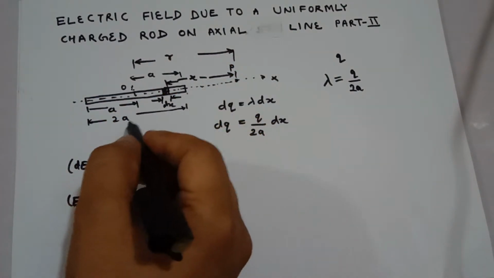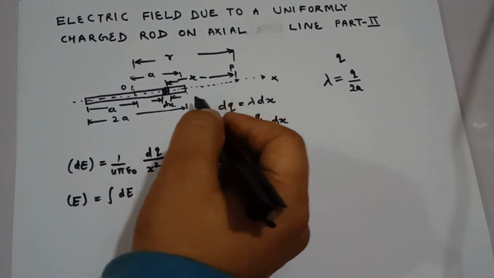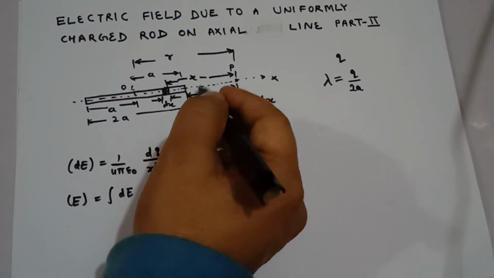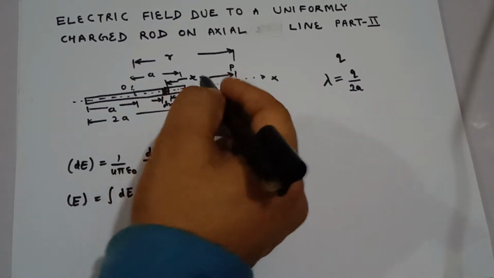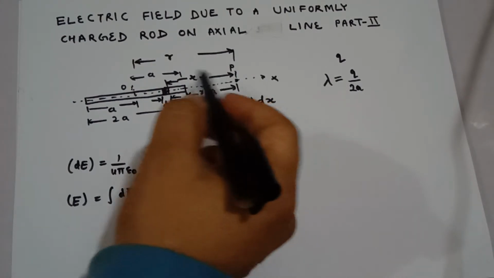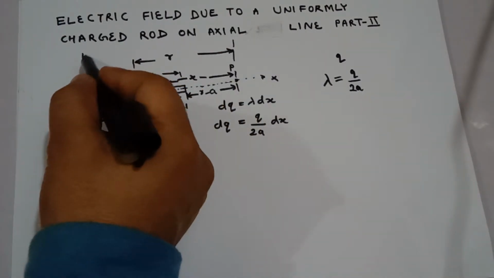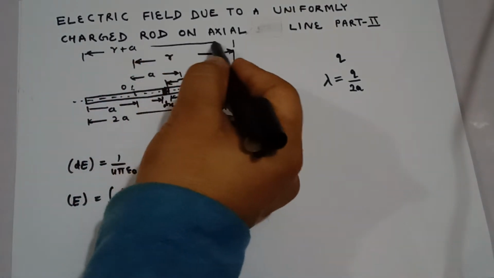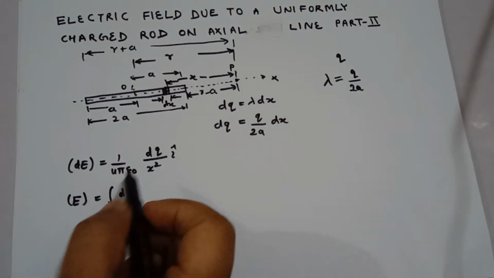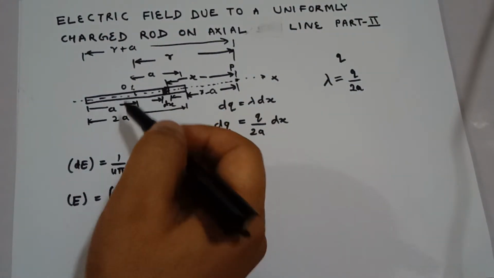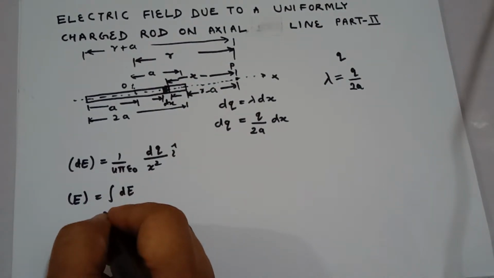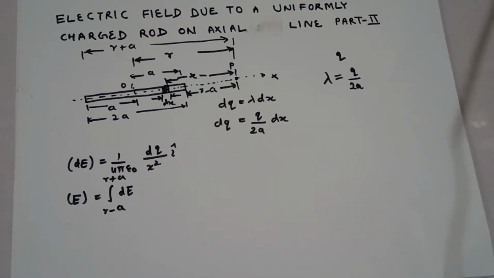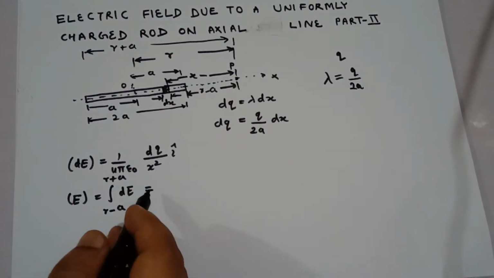So the distance from P to the nearer edge of this rod would be r minus a, and the further edge of this rod would be at r plus a. Now the task is to find the electric field from here to here, so we have to put the limits from r minus a to r plus a and then integrate.